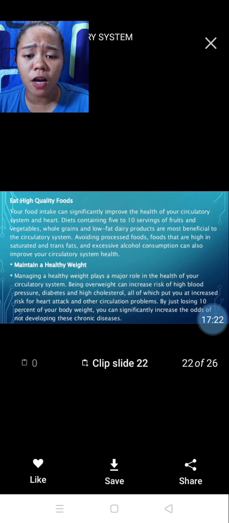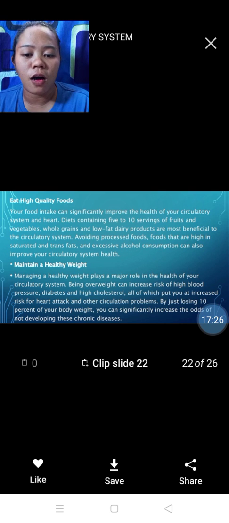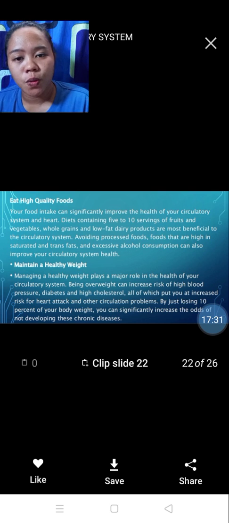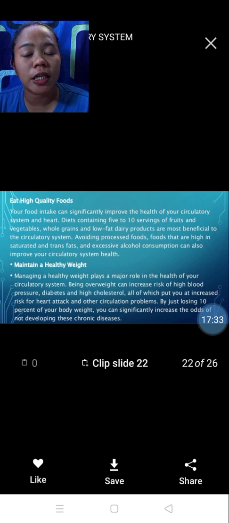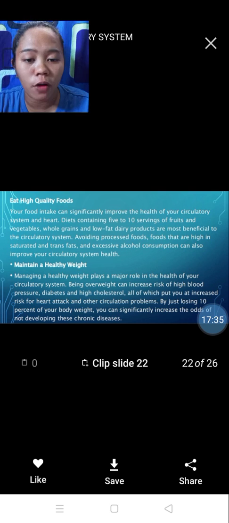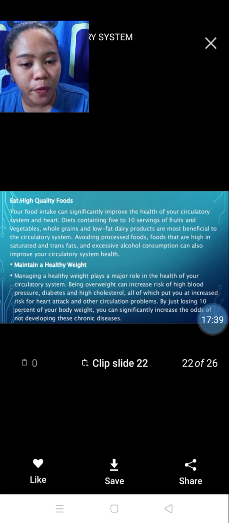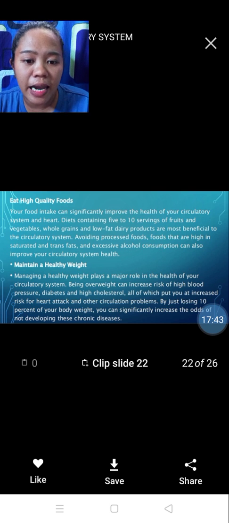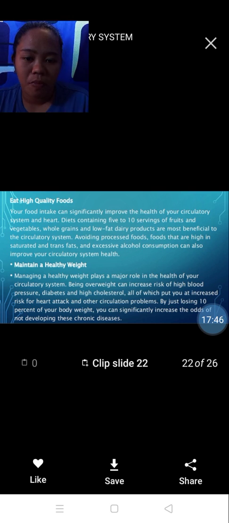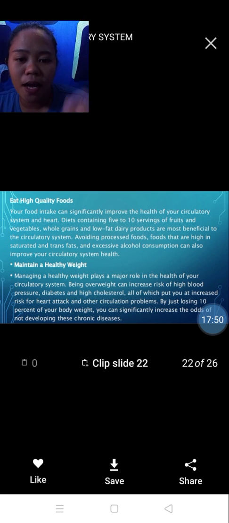By just losing 10% of your body weight, you can significantly increase the odds of not developing these chronic diseases. Usually, those who develop heart disease are overweight or obese, and their illnesses are high blood pressure, diabetes, and high cholesterol. That is why we need to maintain our weight.